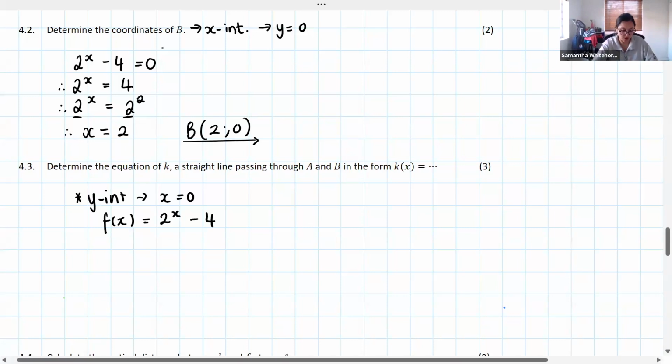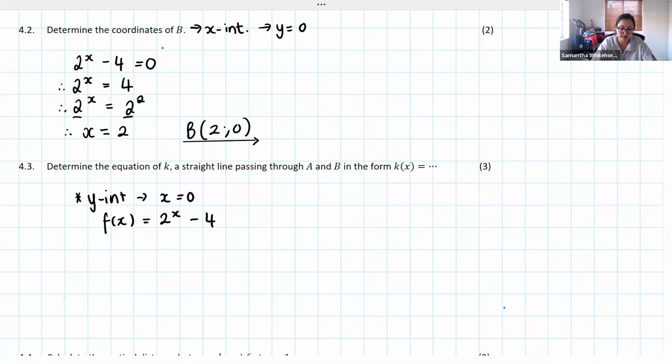Quickly go and find for me what the y-intercept is.